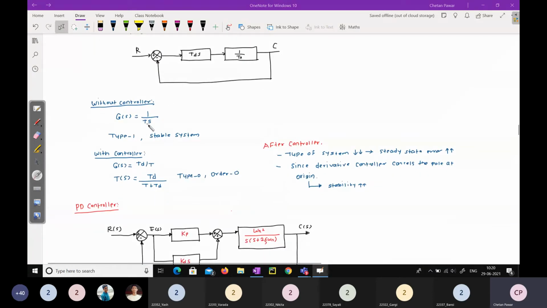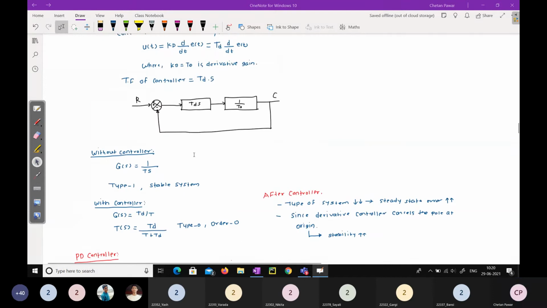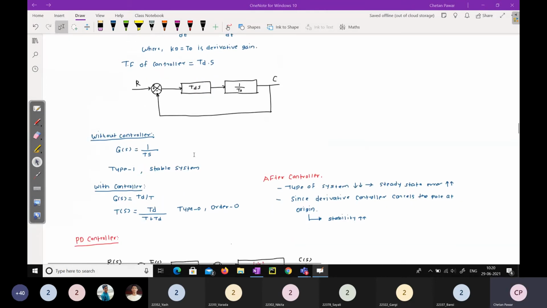Without the controller, the plant is 1 by Ts, so the type is 1 and the system is stable. When you add the controller, the forward path transfer function, open loop G of s, will become Td by T. This is a zero order system, just like a potentiometer.